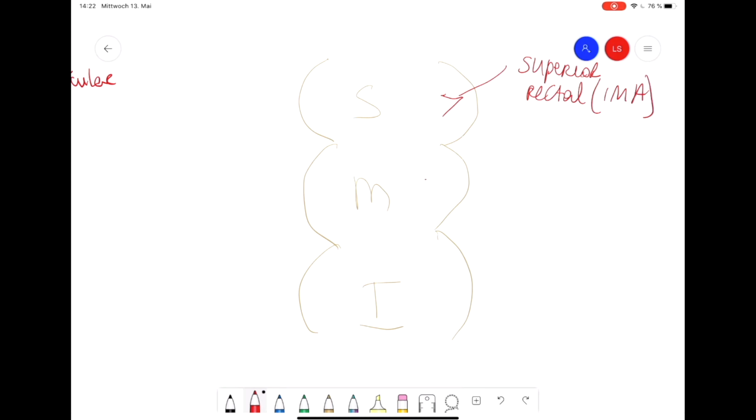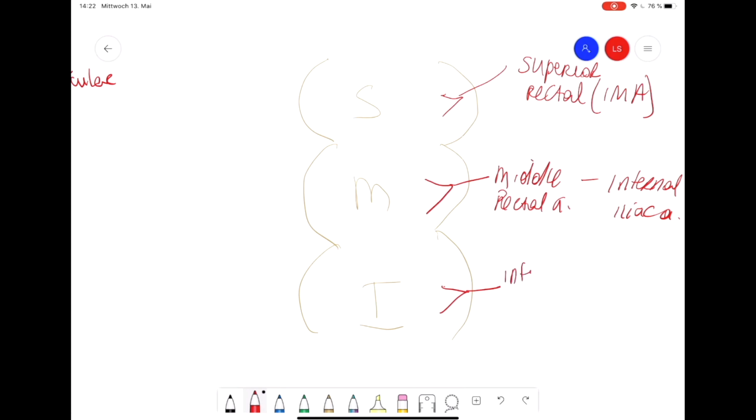Then we have the middle part of the rectum, which is supplied by the middle rectal artery, which is actually coming from the internal iliac artery. And then we have the inferior part of the rectum, which is supplied, guess what, by the inferior rectal.